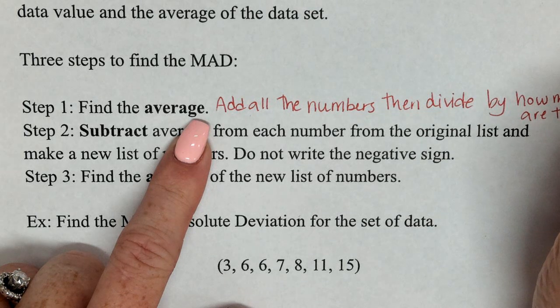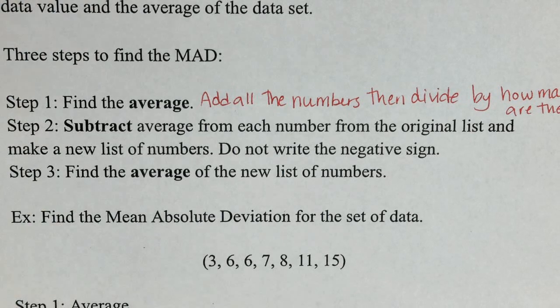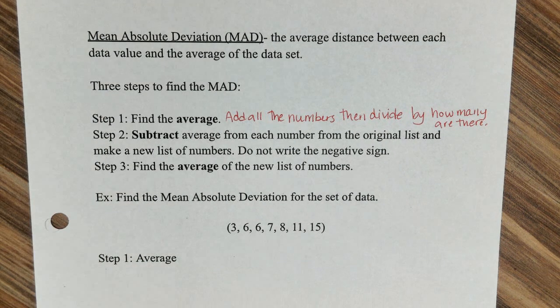Y'all should remember this now from 6th grade, yes or no? To find the average, you add all the numbers, then divide by how many there are. So for example, if I have 5 grades in my grade book from you, I add those 5 grades. So let's say you made 90 and 80, 100 and 100. I would add all those up. And then I would divide by 5 because there's 5 grades, and that gives me your average in my class.